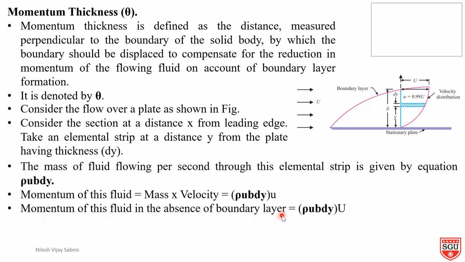of boundary layer. Remember the previous derivation; in that also we did the same. If there is no plate, the same amount of mass we have to consider, and velocity capital U will be there. So check it carefully: here small u is used because we have to consider the same mass.